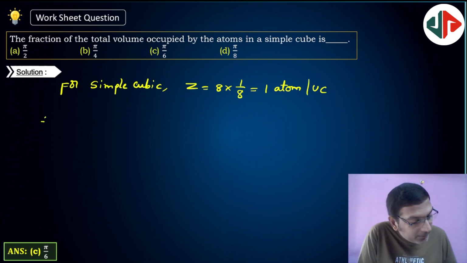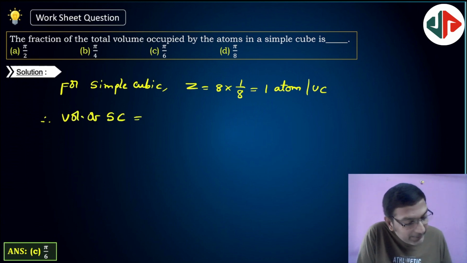So therefore, volume of atoms equals the number of atoms into 4 by 3 pi r cube.